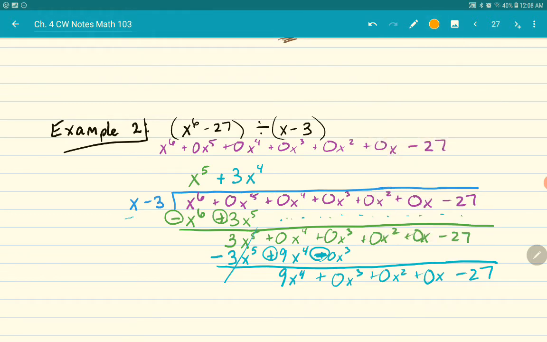Now I want to ask myself, what times x is going to give me 9x to the fourth? So that is a positive 9x cubed. So I take my positive 9x cubed and multiply that by x minus 3, and what do I get? 9x to the fourth, and then 9x cubed times negative 3 gives me negative 27x cubed.